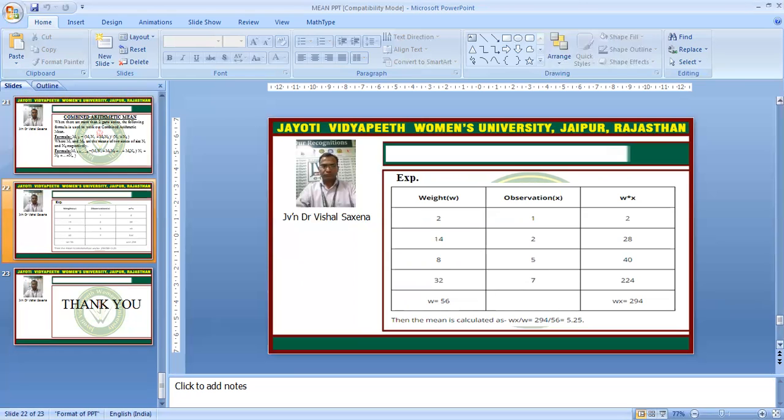So we take a column of wx and this becomes 2, 28, 40, 24, and the summation wx is 294, while the summation w is equal to 56. Therefore, the mean is given by summation wx upon summation w, so 294 upon 56, which is equal to 5.25.